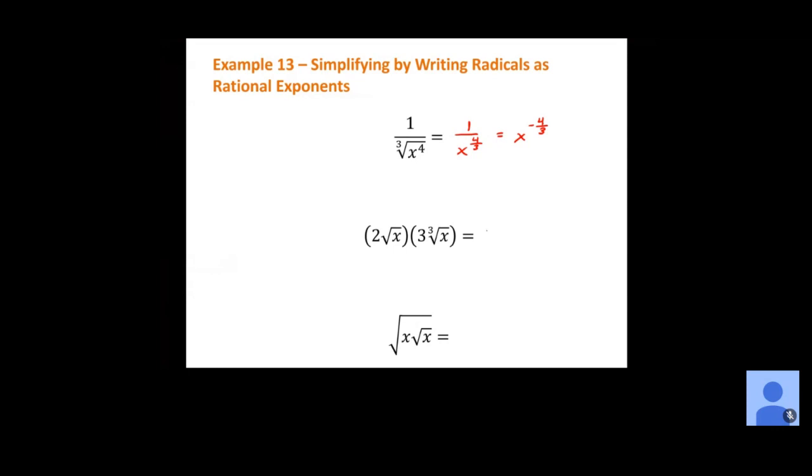Okay, so we start with that first set of parentheses. I have my 2. How could I rewrite the square root of x? Good, right? So that's going to become x to the 1/2 power. Because again, in this case, that would be a 1, and this would be an understood 2 as your square root, so we would get 1/2.